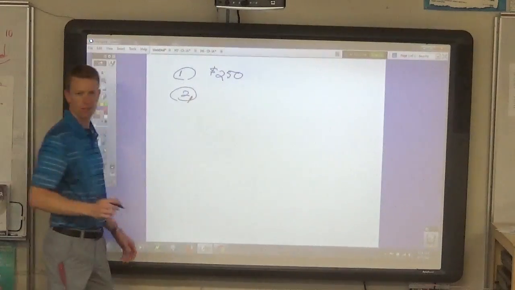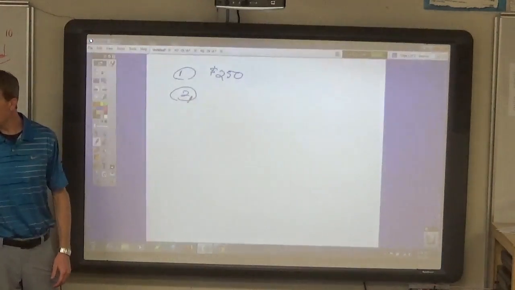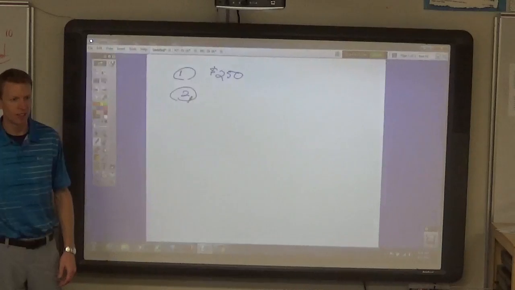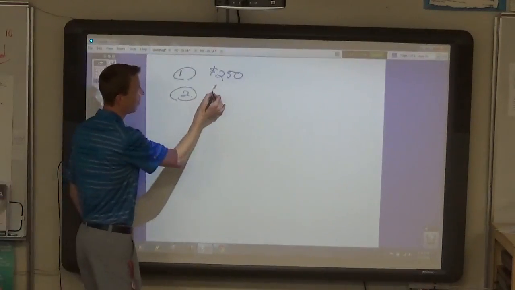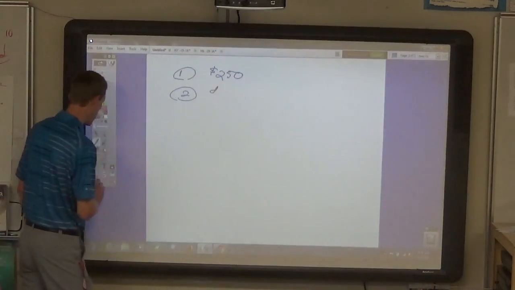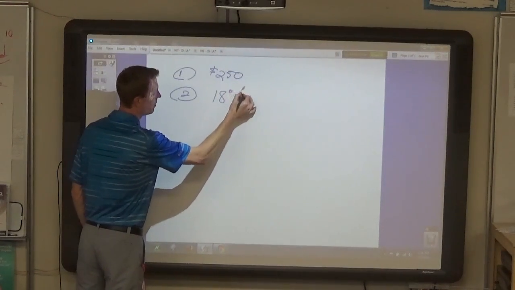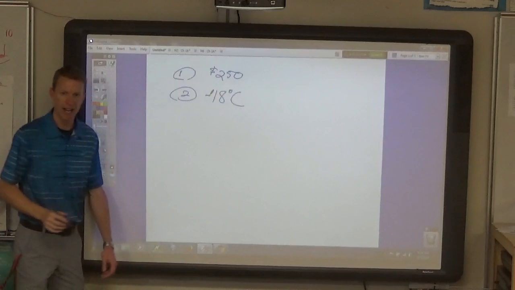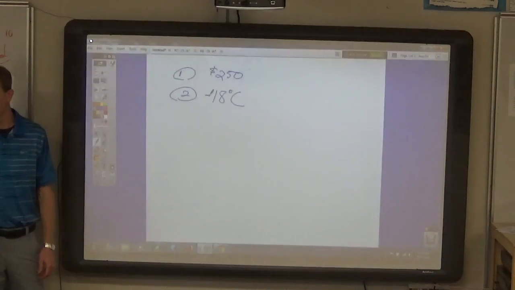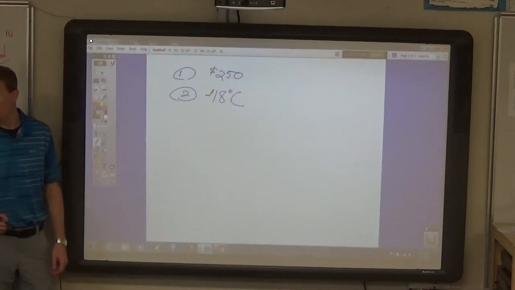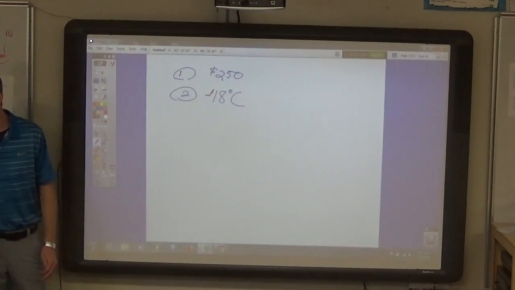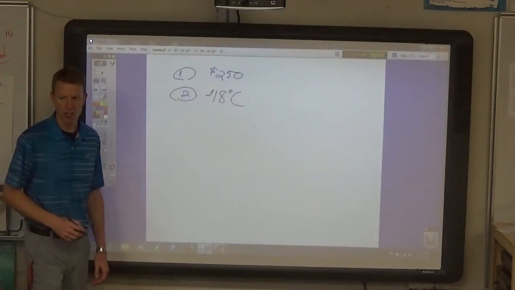That refers to a positive amount. Number 2, 18 degrees Celsius below 0 refers to a negative amount. So we would write that as negative 18 degrees Celsius. Number 3, 45 seconds before launch.